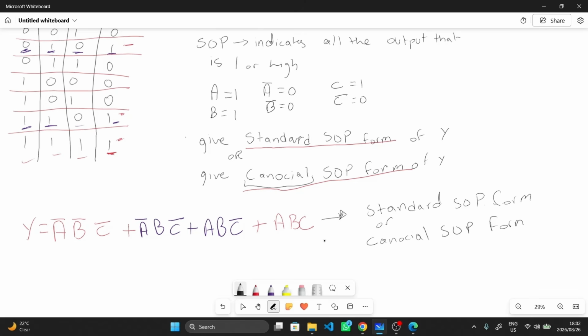So this was your canonical SOP form, correct?